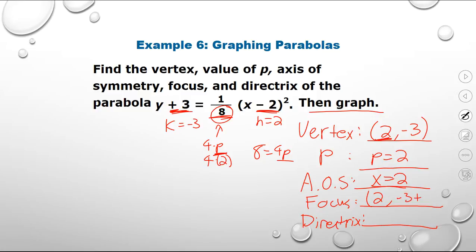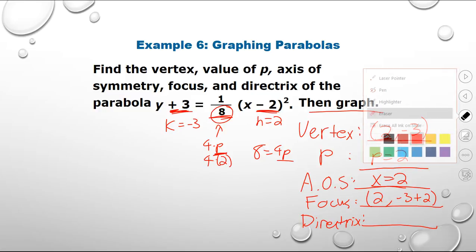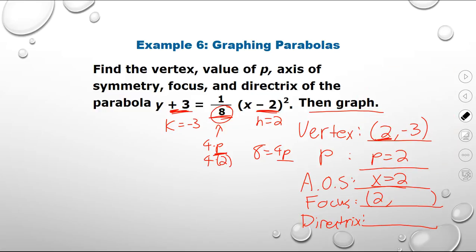But I need to add 2 to it because that was p. So remember, this is h and then k plus p. That's somewhat of a formula for you to find your focus. We need to add 2 to negative 3. So what's negative 3 plus 2? Negative 1. So our focus is 2, negative 1.